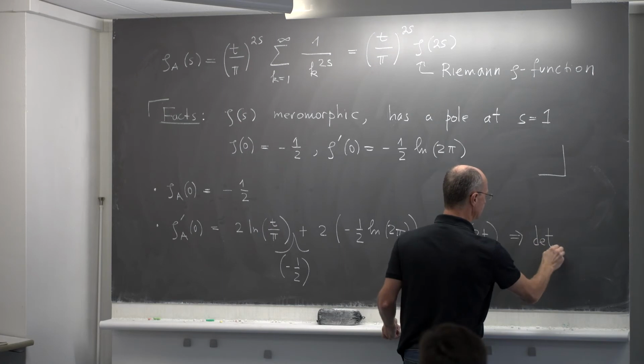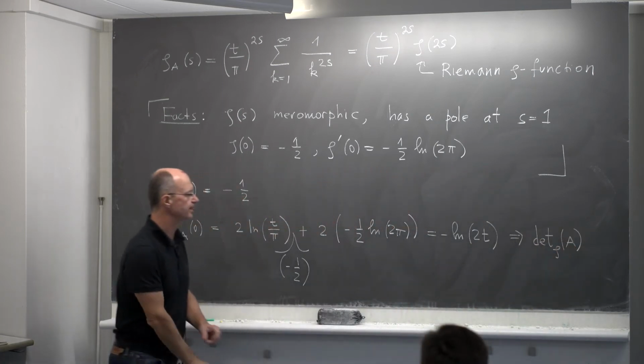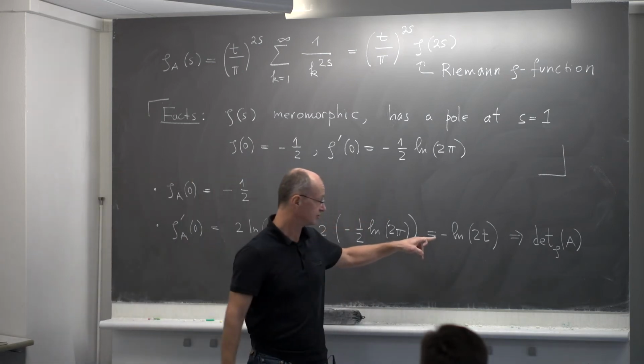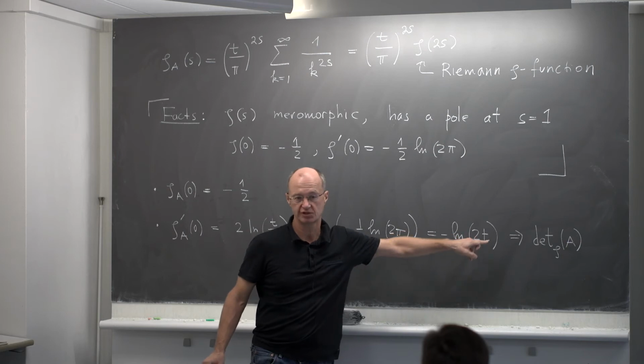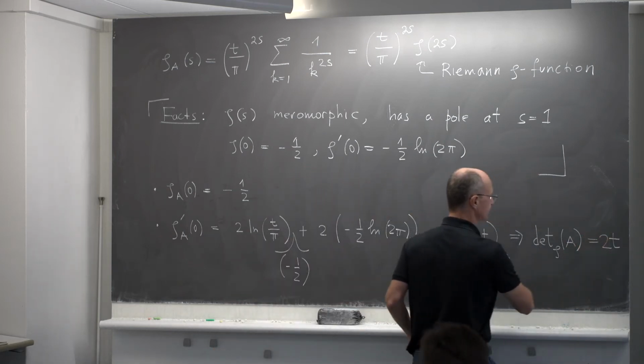So the conclusion: the zeta-regularized determinant of A is equal to exponential of minus log 2t. So this is equal to 2t.